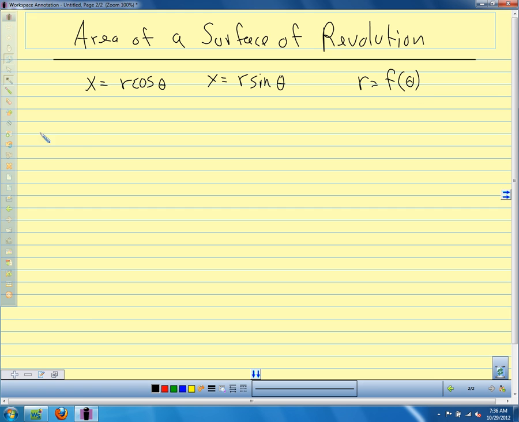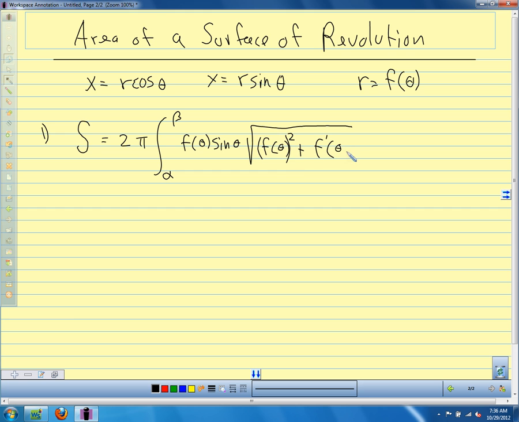For our surface area, we have two expressions depending on whether we rotate about the polar axis or about theta equals pi over 2. So our surface area, capital S, equals 2 pi times the integral from alpha to beta of f of theta sine theta times our arc length interval, the square root of f of theta squared plus f prime of theta squared, d theta.